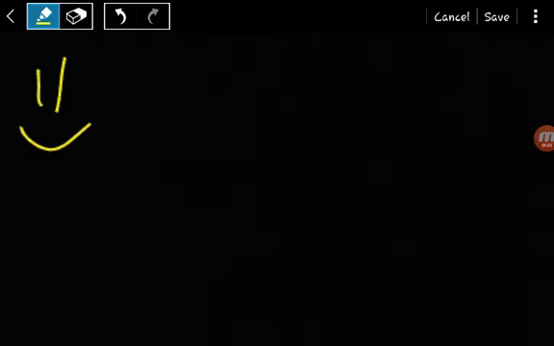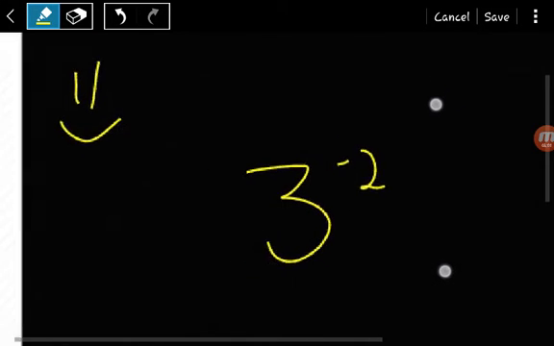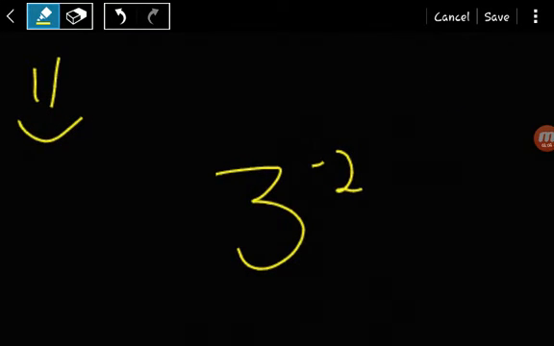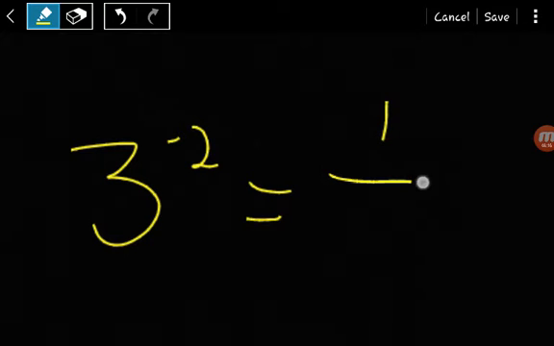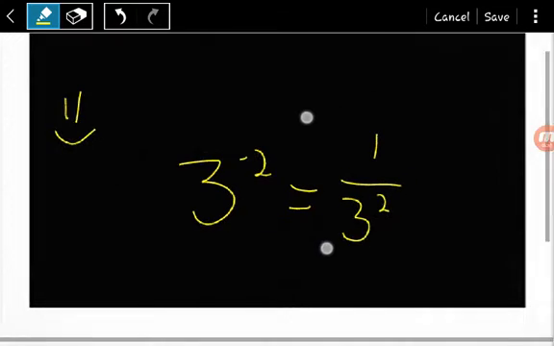When you see a negative exponent, like 3 to the negative 2, instead of going, oh my gosh, how do I solve a negative exponent like that? Because you multiply 3 by itself negative 2 times. What? It's actually equal to 1 over, or divided by, 3 to the positive 2.